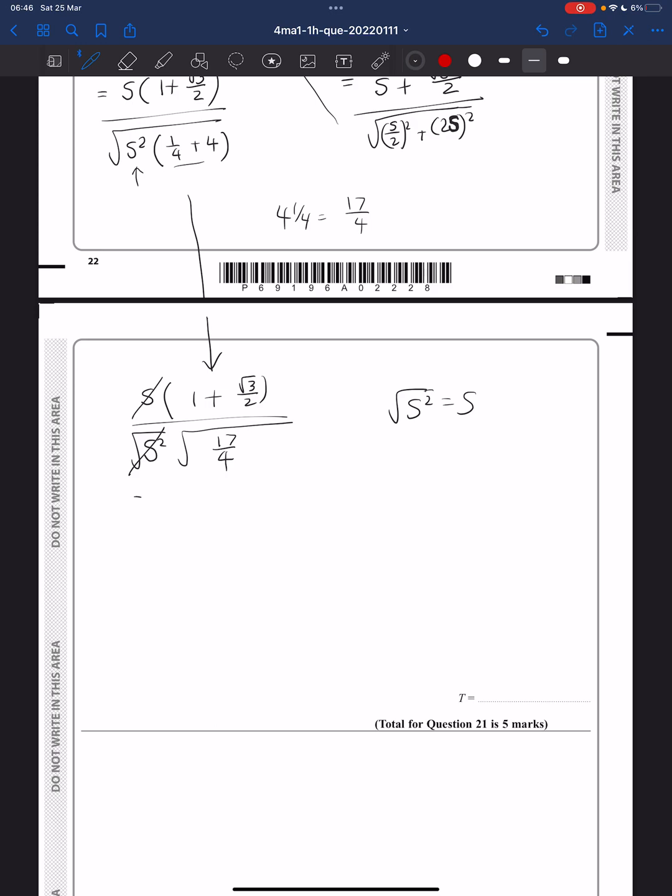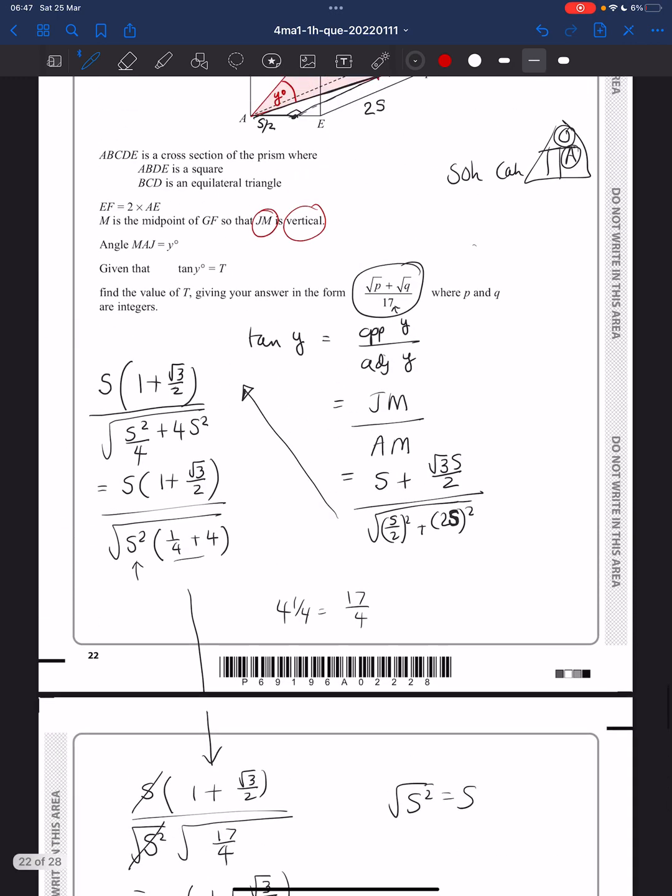So this is 1 plus root 3 over 2 divided by the square root of 17 over 2. So it's the square root of 17 on the top and the square root of 4, which is 2 on the bottom. And if you remember, if we divide, this is the square root of 17.